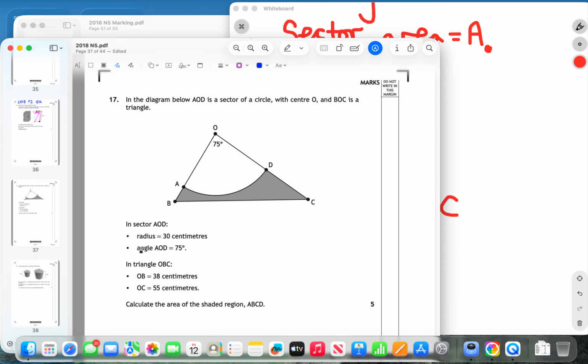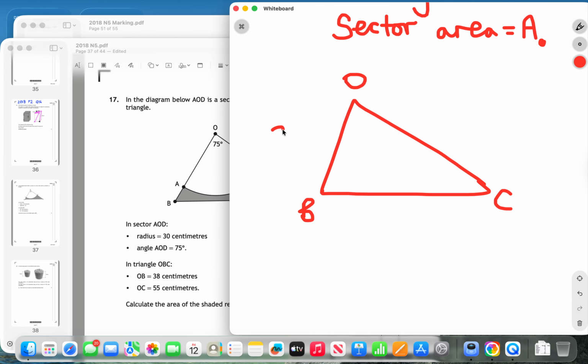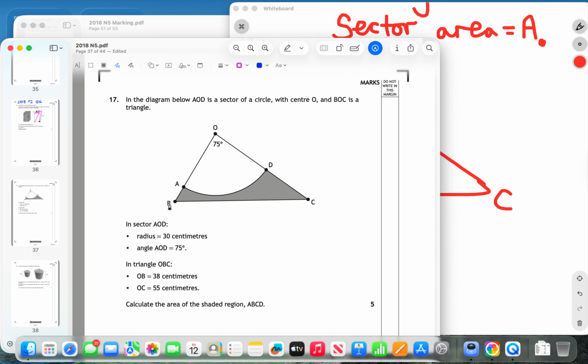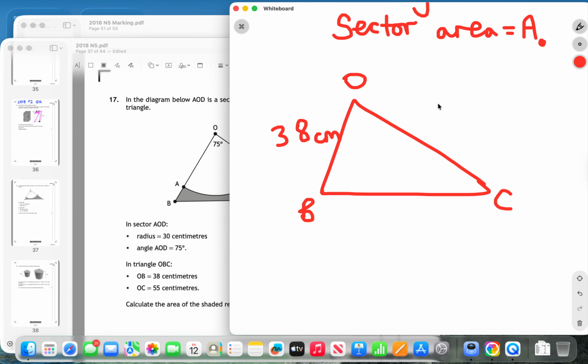So OB is 38, and OC is 55, and the angle is 75. And the first step is to find the area of this.